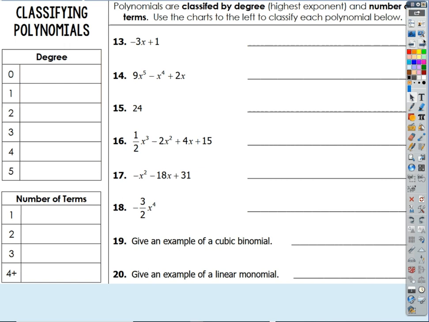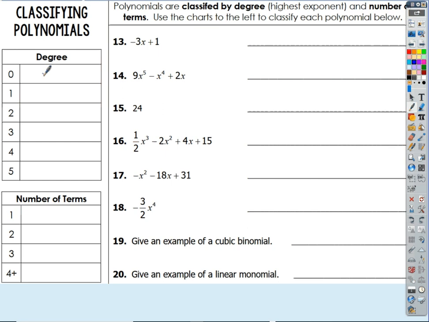Okay, we're going to do the same kind of thing here. We're going to classify polynomials by 2 things: by degree and by number of terms. You could probably tell me what some of these are. What do you suppose I call a 0th degree polynomial?